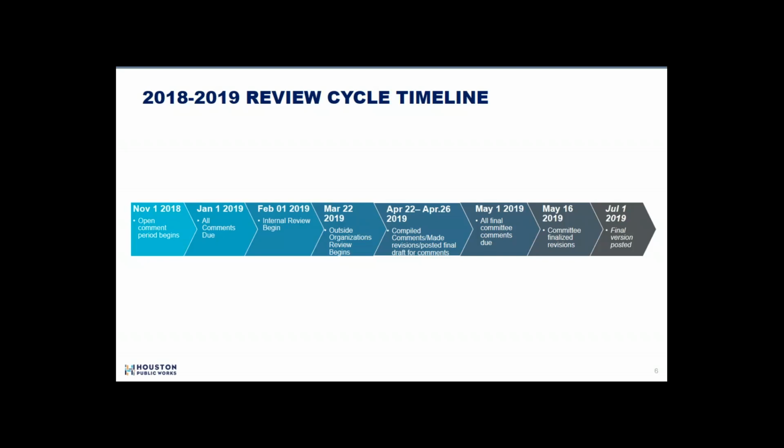We had an internal review committee consisting of operations, capital projects, and a number of folks internally that helped us come up with a draft of what we wanted this chapter to be.